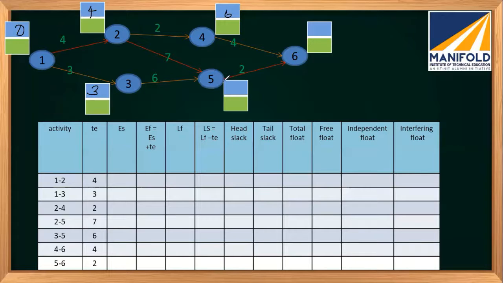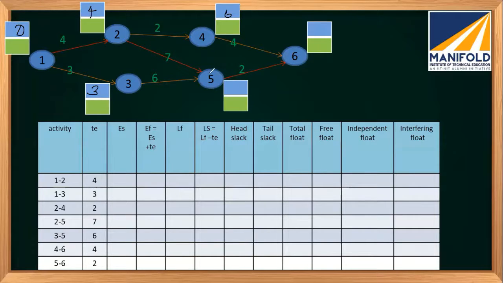And for the case of 5, there are 2 ways we can reach, right? Either 2 to 5 or 3 to 5. So either it will be 7 plus 4, 11, or 6 plus 3, 9. Which one will we take? We will take the maximum. Why? Because 5 is the starting node for activity 5, 6.